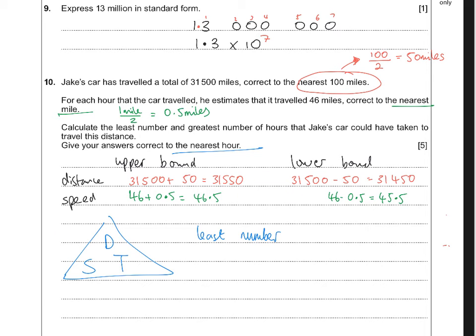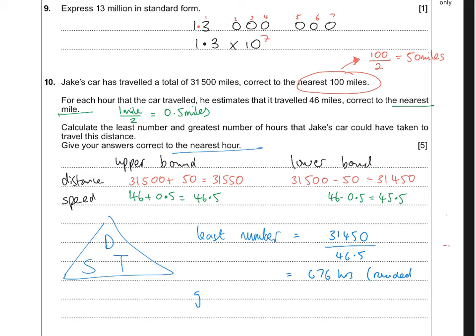So, to work out the time, I'm going to do the distance divided by the speed, so that is 31,450 divided by 46.5, and that gives me an answer of 676 hours to the nearest hour. So I'm going to say rounded.